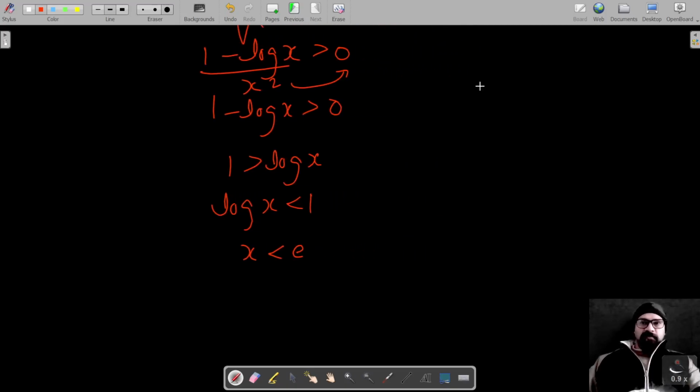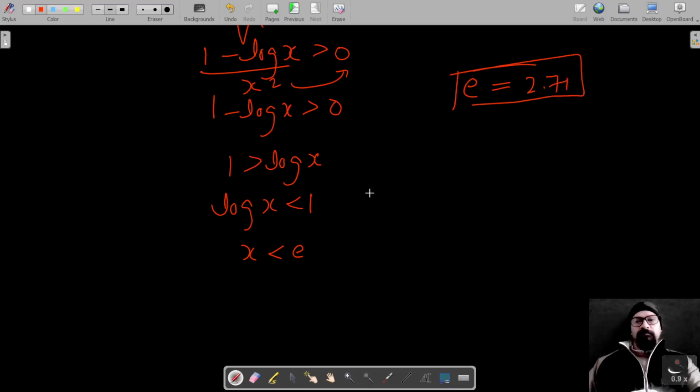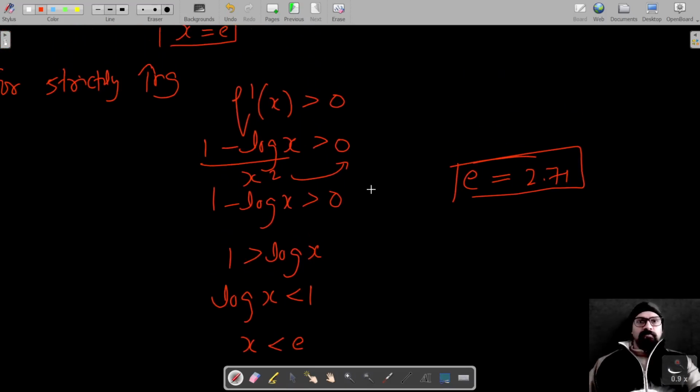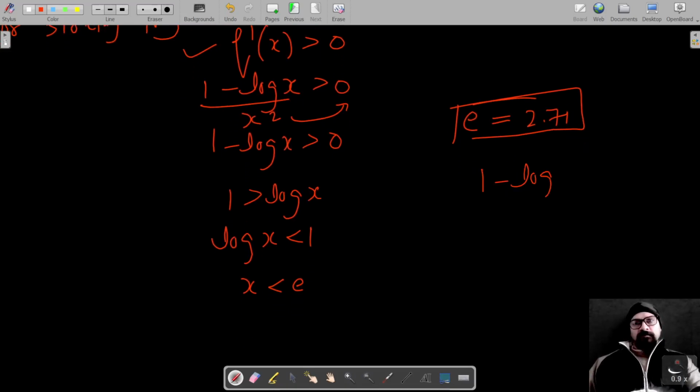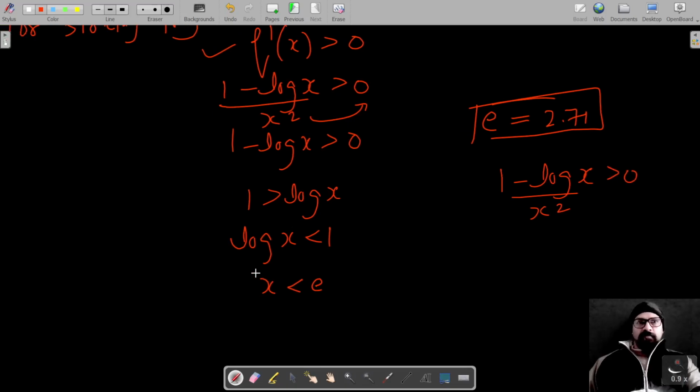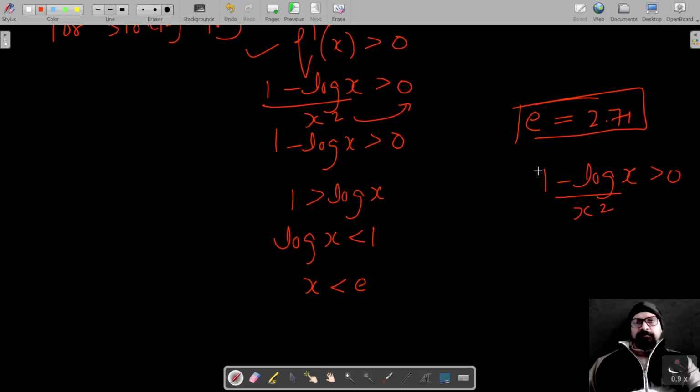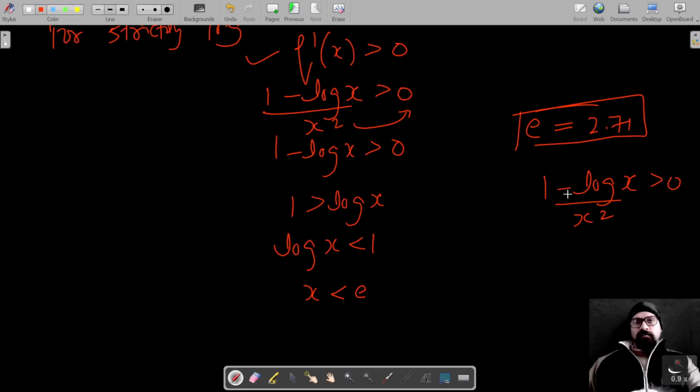We know that the value of e is approximately 2.71. So x should be less than e, that is 2.71.